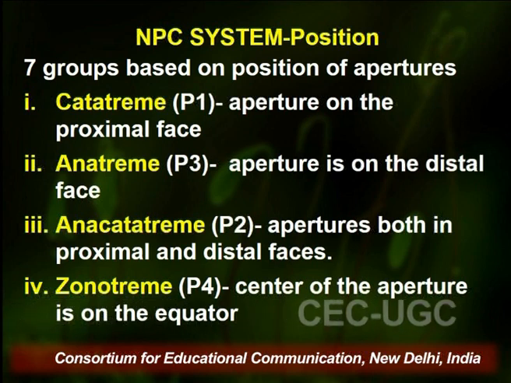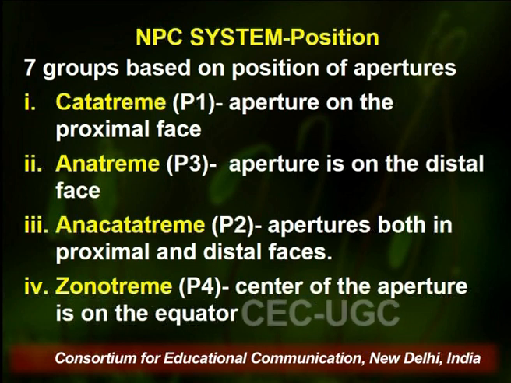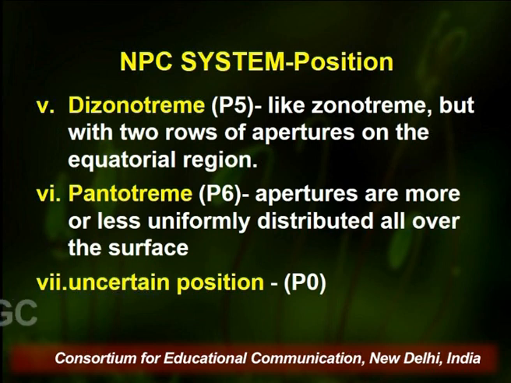Another category is when the apertures are present in the center. The equatorial region of the pollen grain contains the apertures and this is called zonotrim. Then there is dizonotrim, like zonotrim, but it has 2 rows of apertures on the equatorial region.